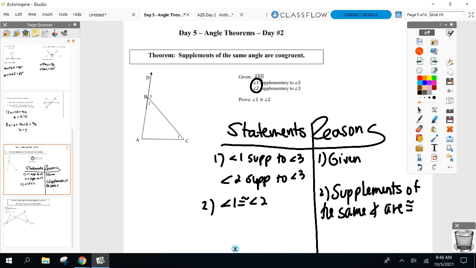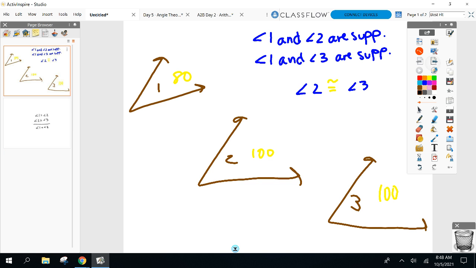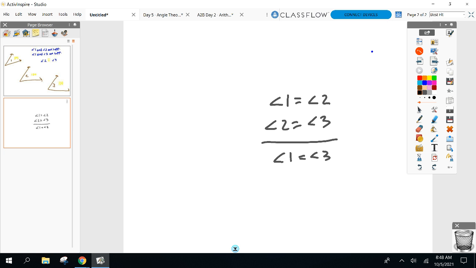Questions there? Going? Okay. Before I throw you into the next theorem, let me explain the next theorem to you here by drawing you a diagram.